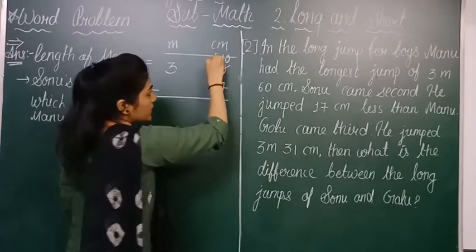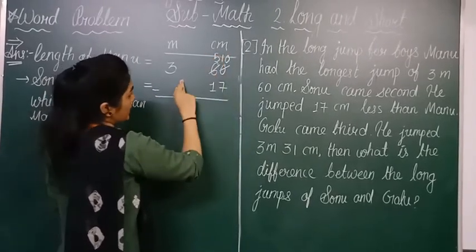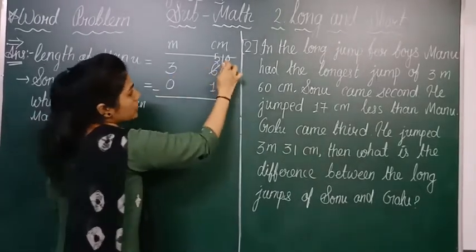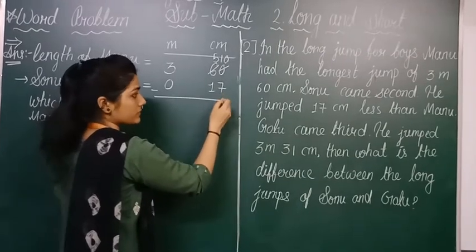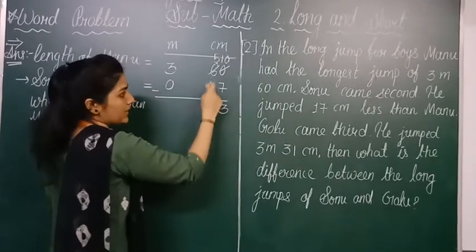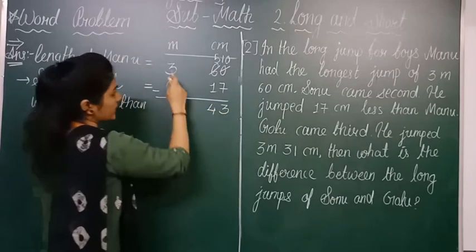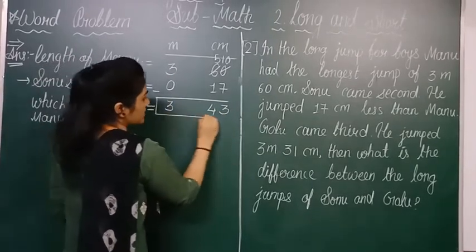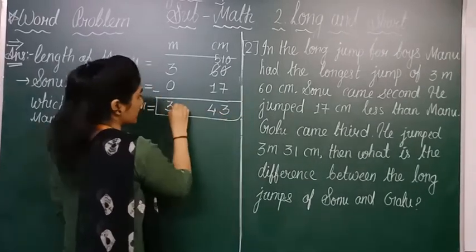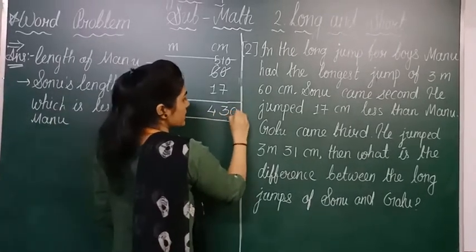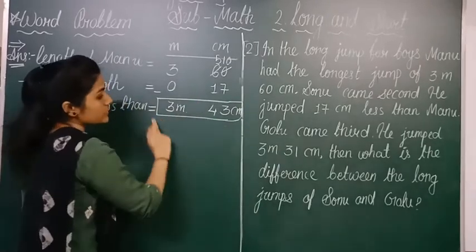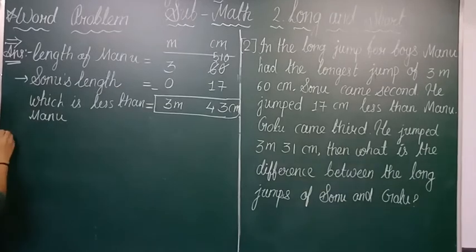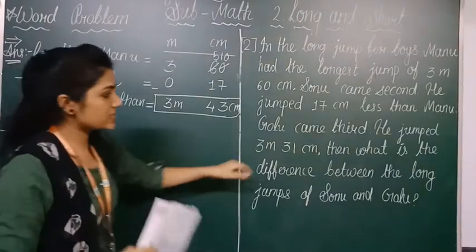That means 5 will come here and here 3. Downside you can write 0 by yourself. Now 10 minus 7, 3, and 5 minus 1, 4, and 3 minus 0, 3. That means we have the answer 3 meter and 43 centimeter. This is the length of Sonu, right? Now, what is our next line?